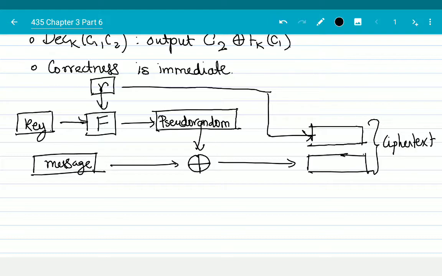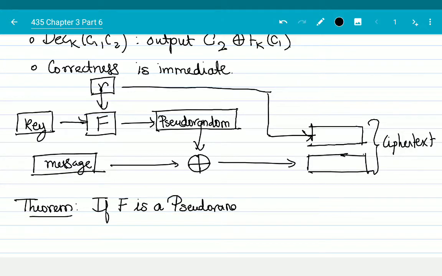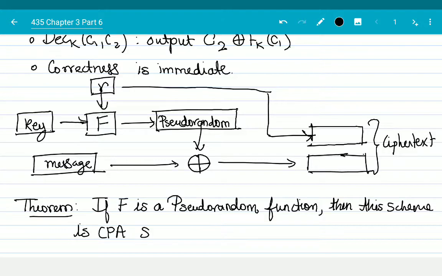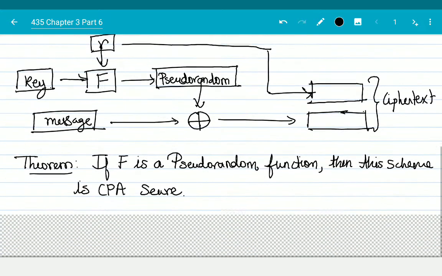And we concluded last time that this system is actually secure. We said, theorem: if f is a pseudo-random function, then this scheme is CPA secure.